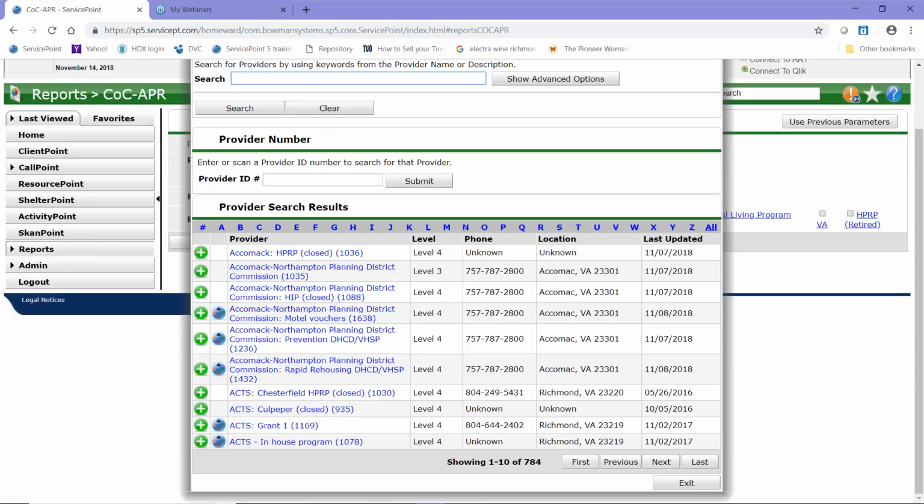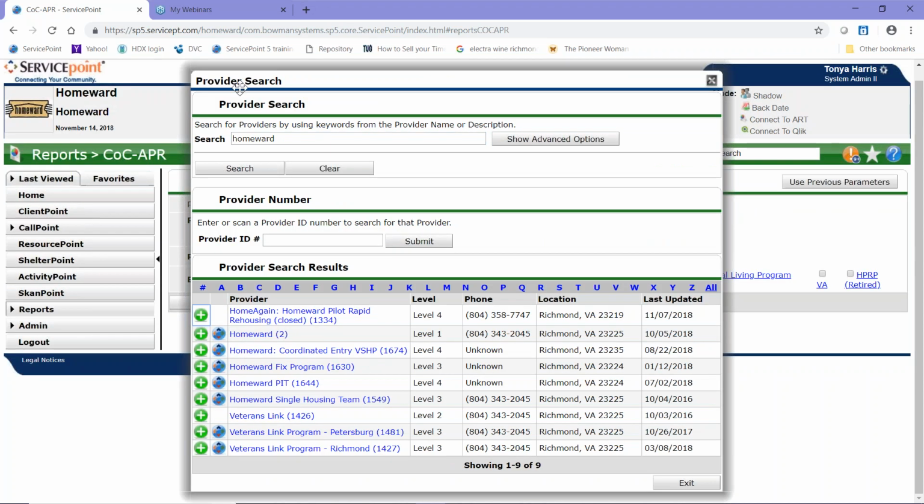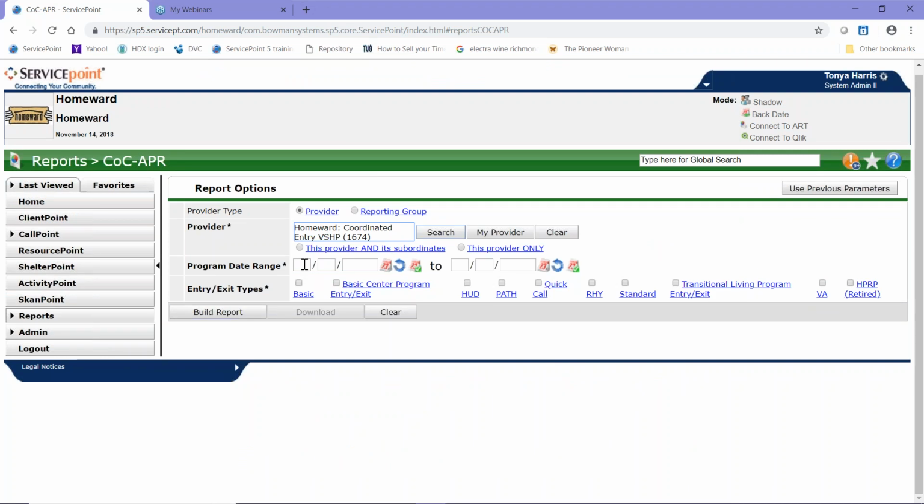I'm going to search and run it for a provider, and I'm going to run it for our coordinated entry provider. Then you're going to select your date range. So I'm going to do it from July 1 through today, because I know this project started July 1.